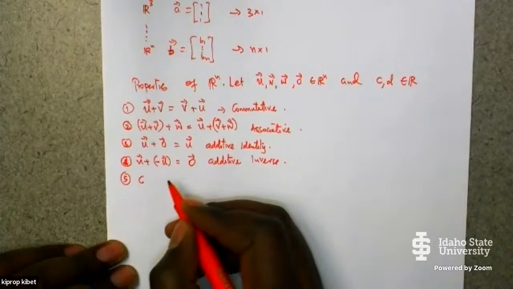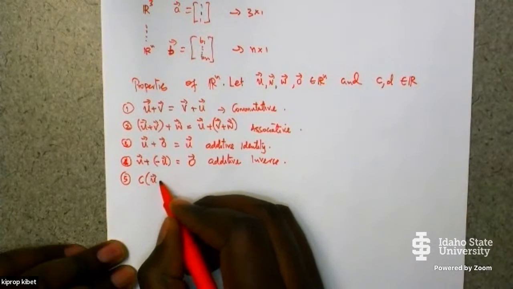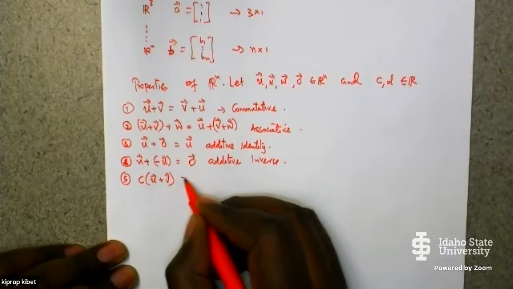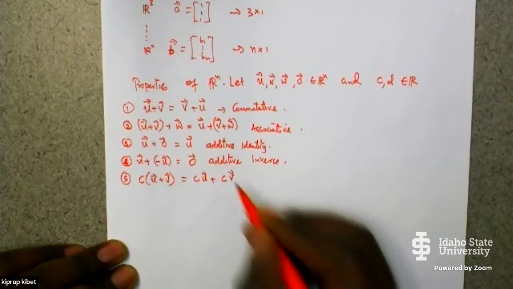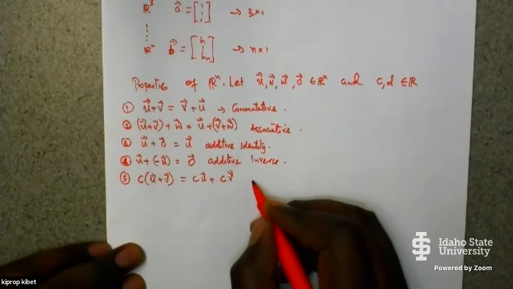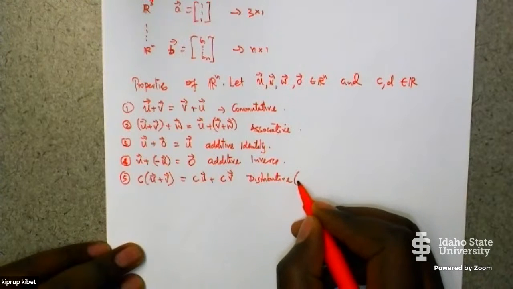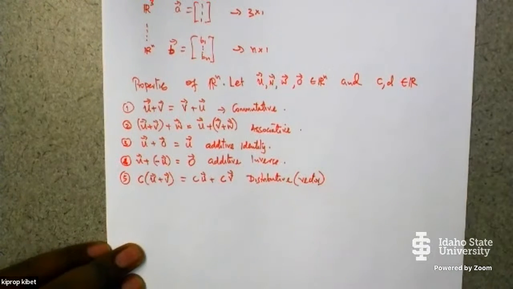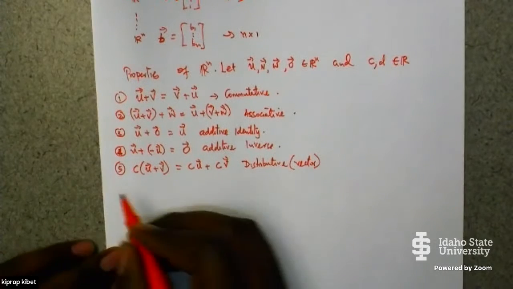Number 5: if we multiply the scalar c by u plus the vector v, it is similar to cu plus cv. So this is distributive. This is vector distribution: you're distributing by multiplying by the constant, which is the scalar.